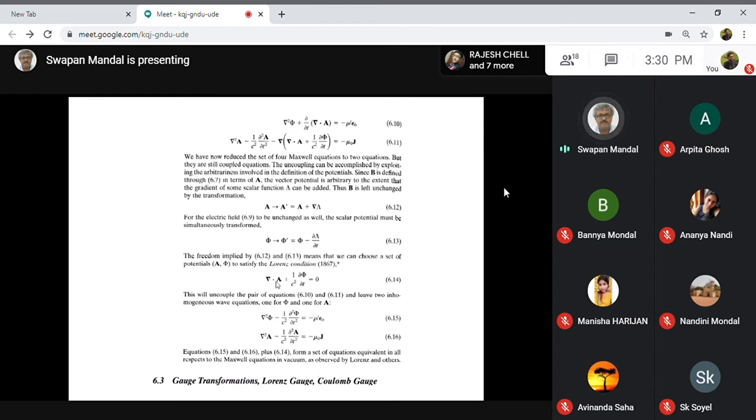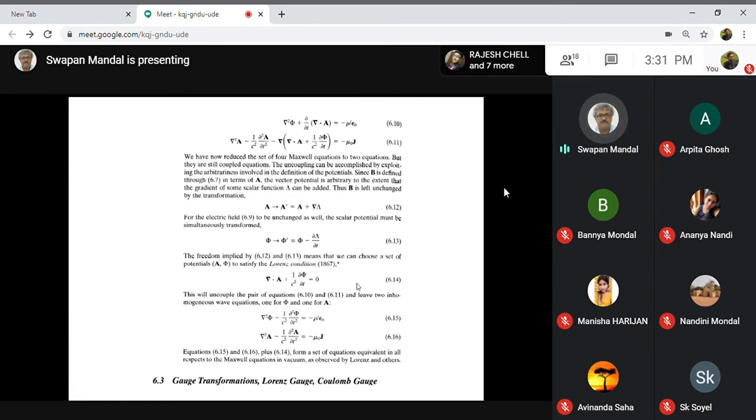This is the condition you are imposing on the vector potential A and phi, such that divergence of A plus 1 by c square del phi del t equal to 0. And this choice is called the Lorentz condition.